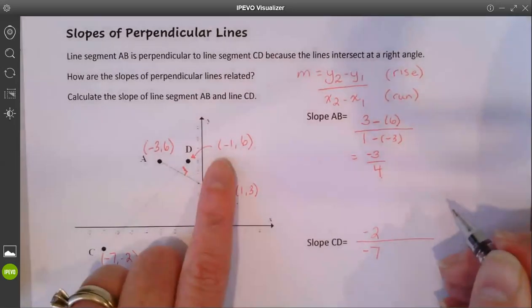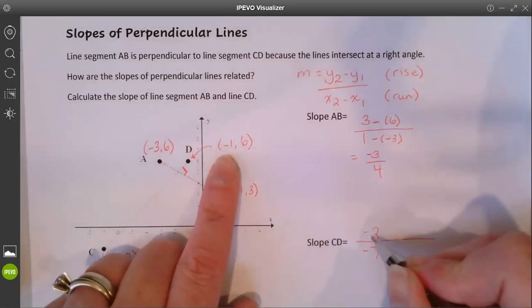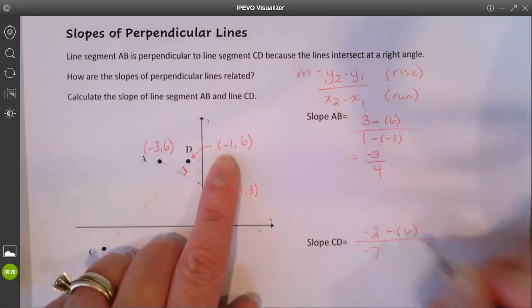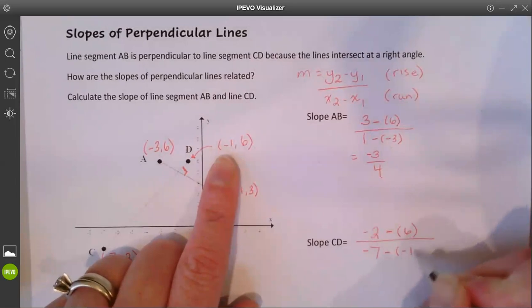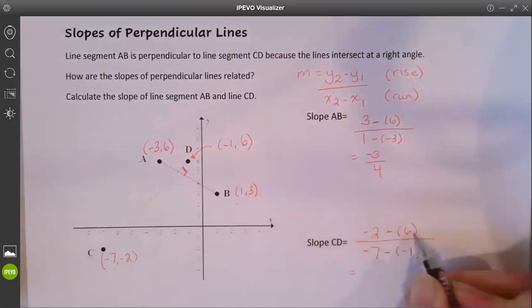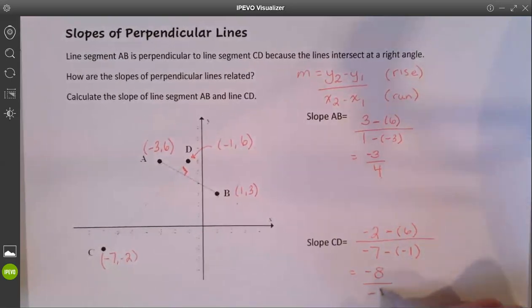Now we input the ordered pair of D. So the numerator becomes -2 subtract 6, and the denominator is -7 subtract -1. Cleaning this up, -2 subtract 6 is -8, and in the denominator, this becomes -7 plus 1, which is -6.